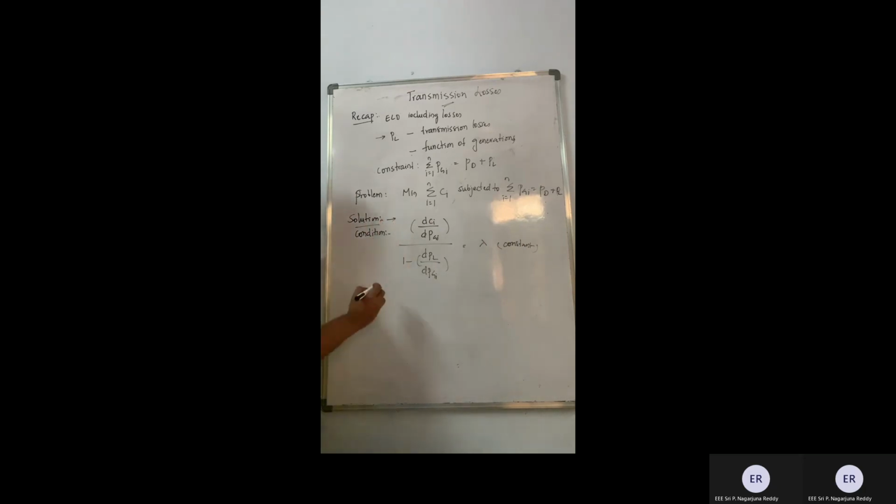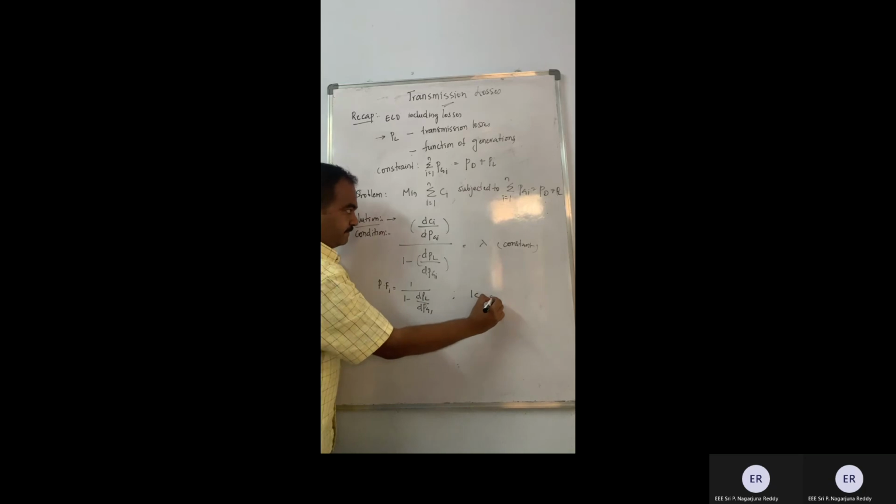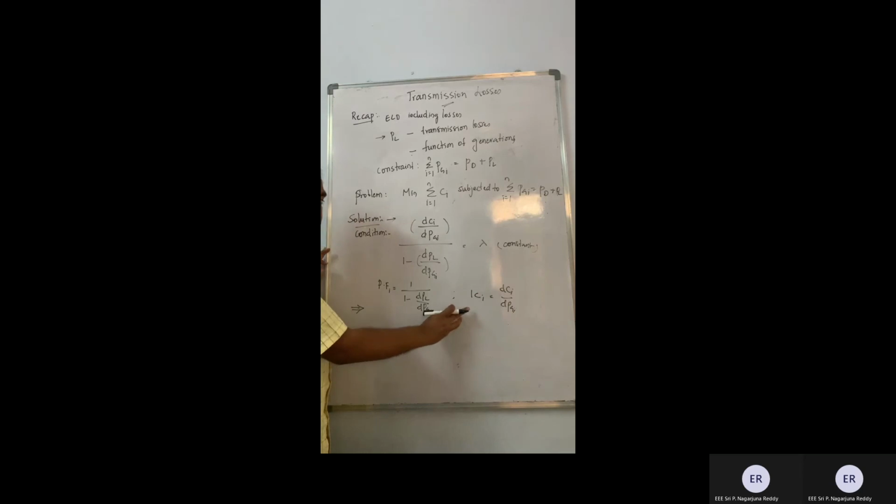And we have particularly named this one as the penalty factor. This particular term, 1 by 1 minus dPL by dPGL, is referred to as the penalty factor. And hence our equation was this, which was already referred to as incremental cost in our last classes.